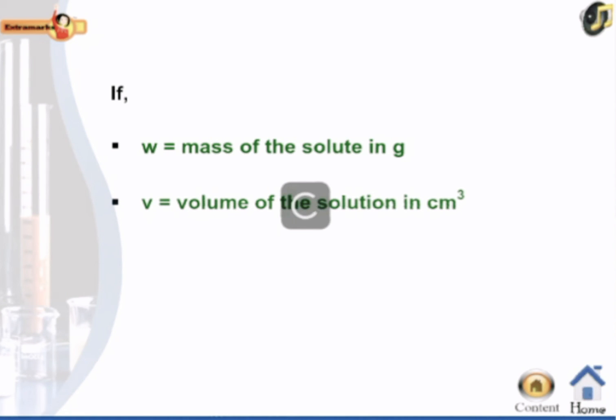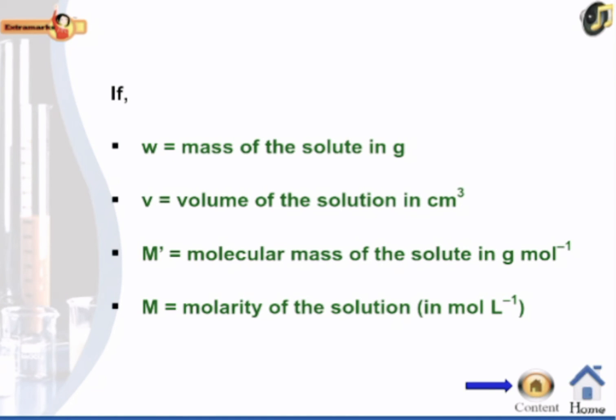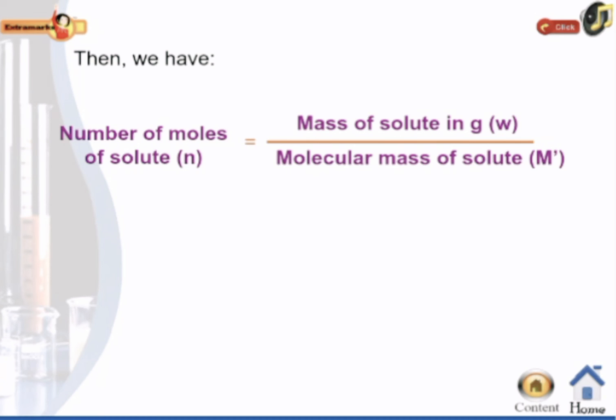If W is equal to the mass of the solute in grams, V is equal to the volume of the solution in centimeter cube, M dash is equal to the molecular mass of the solute in grams per mole, M is equal to the molarity of the solution in moles per liter, then we have number of moles of solute is equal to the mass of the solute.